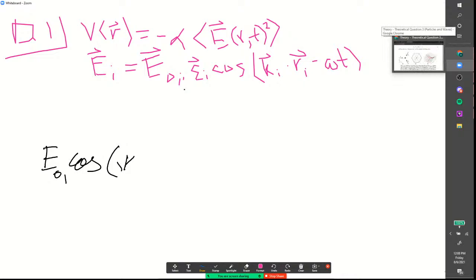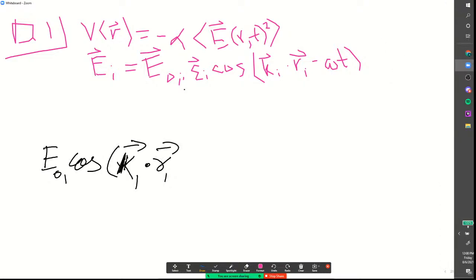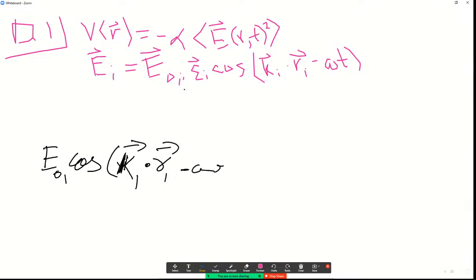K1 vector dot R vector minus omega t. I guess you can write it as a sum. Okay, yes, sum.